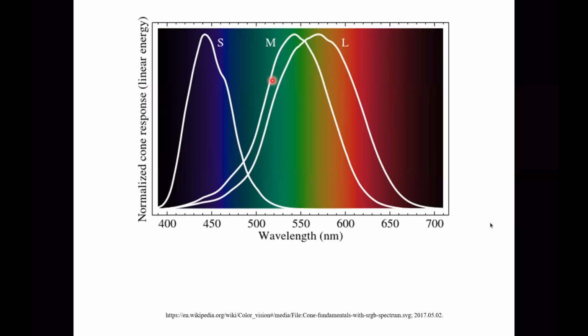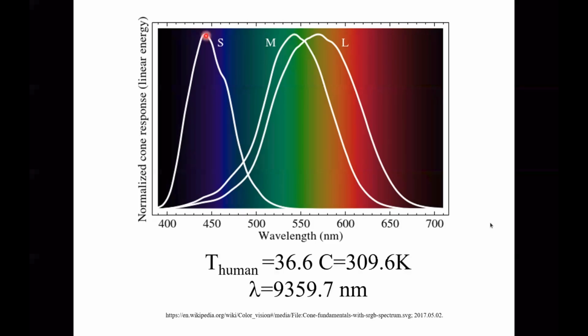So this one characterizes the green light sensitivity, and this one the blue one. So just to give you the sense, the temperature of humans is 36.6. The wavelength that corresponds to this radiation is 9,000 nanometers, somewhere 10 times on the right against this digit approximately. So that is why our cells are not able to detect this radiation, and this is very deep infrared radiation.